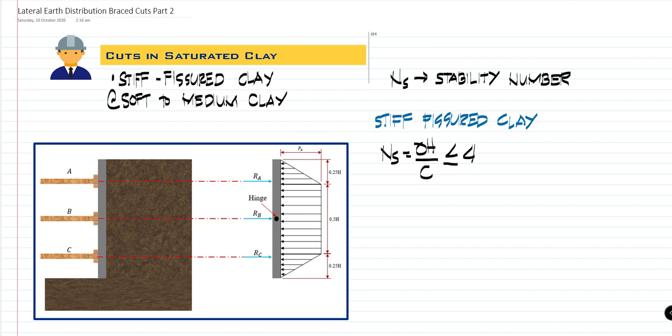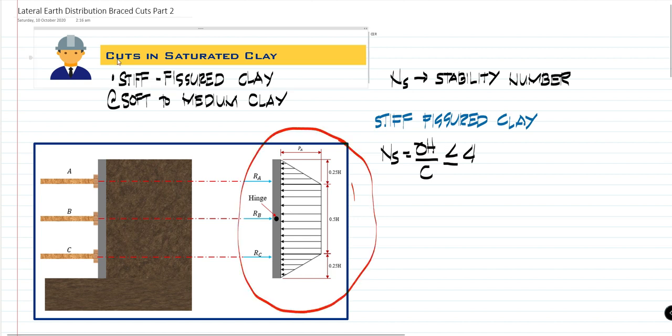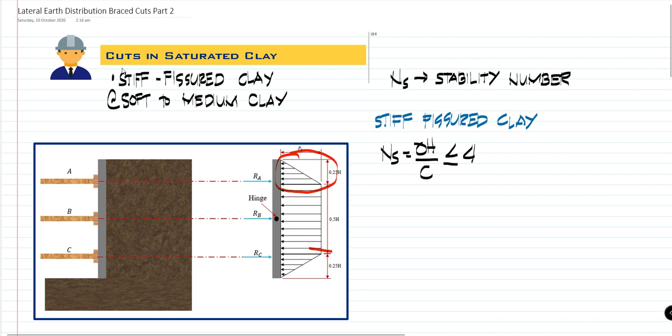So, meron siyang combination ng uniformly varying loads. So, dalawang uniformly varying loads on its two sides. At meron ding uniformly distributed load on the middle.